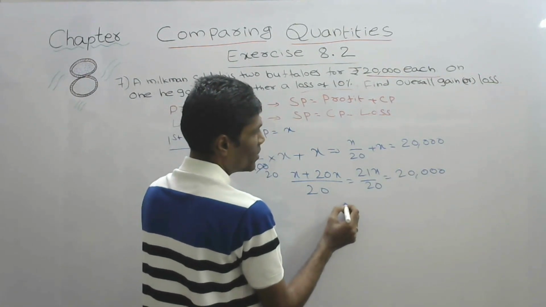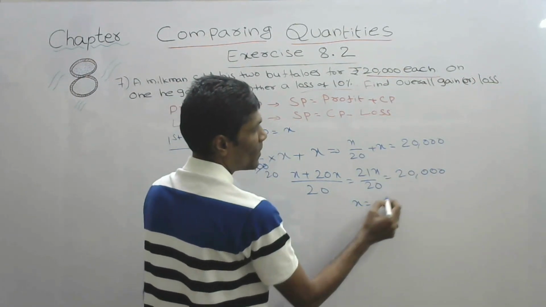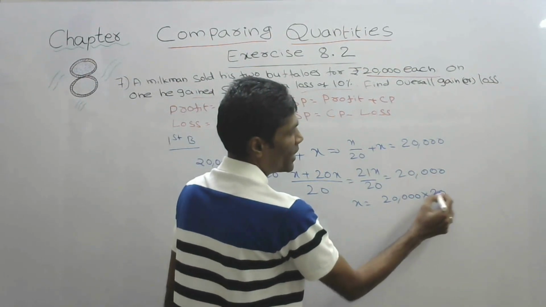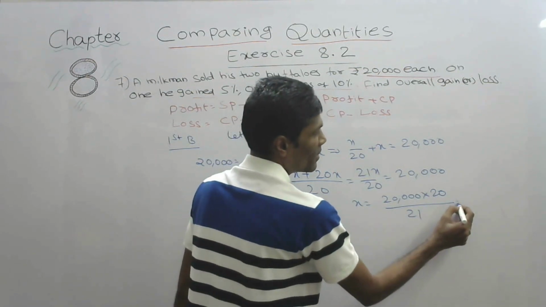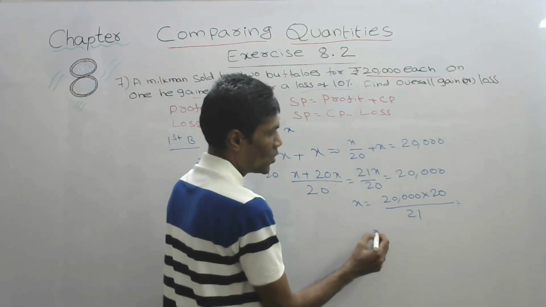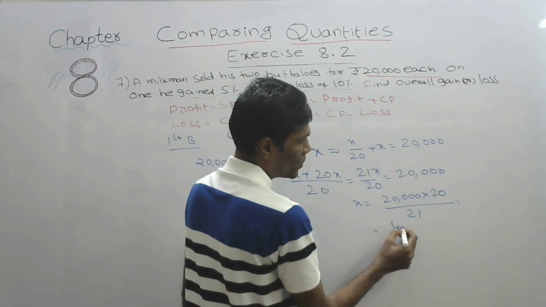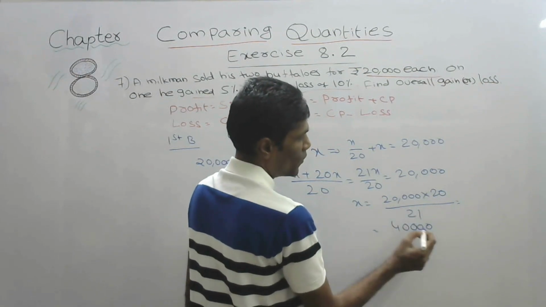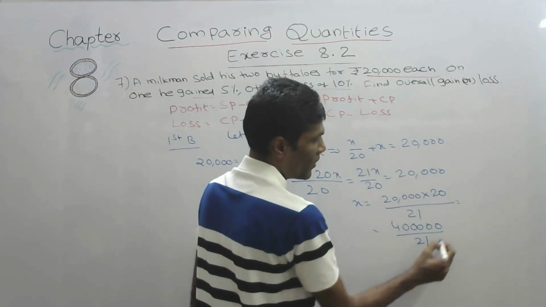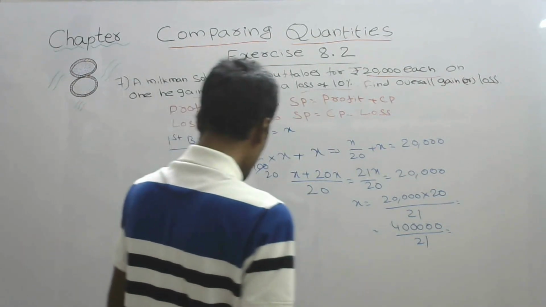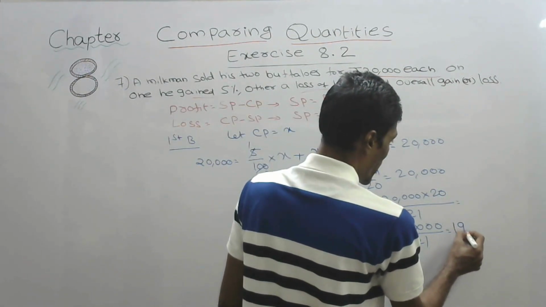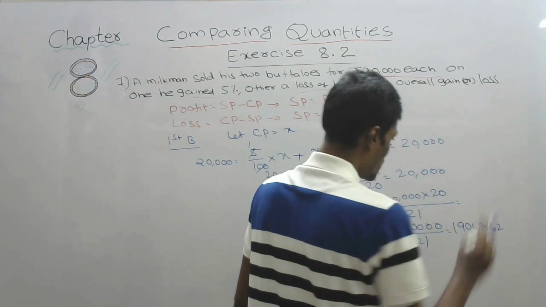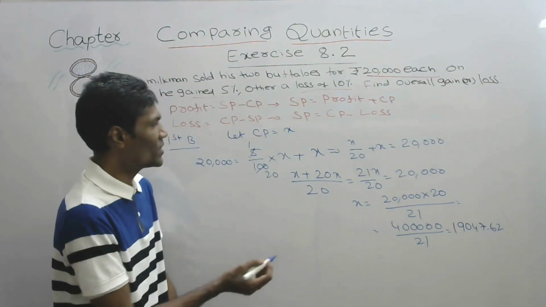So X equal to, when it goes to other side, 20,000 into 20 by 21. So 20,000 into 20, 2 twos are 4, 4 and 5 zeros, by 21. So when we do this, we will get 19047.62.